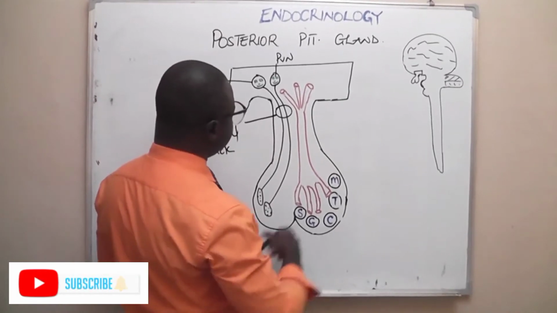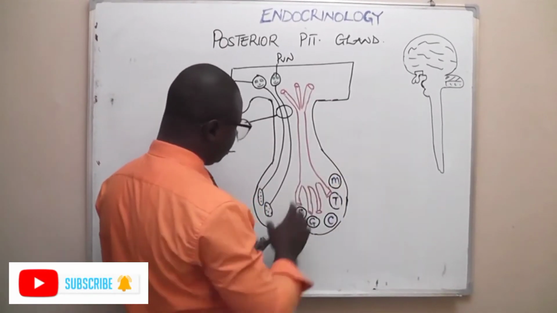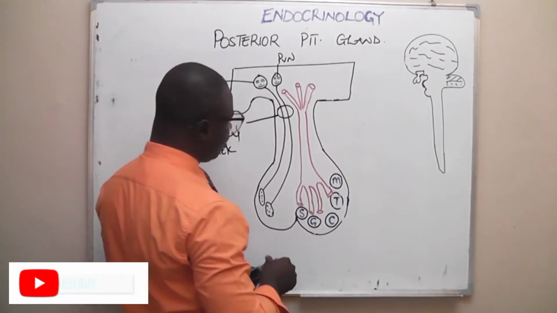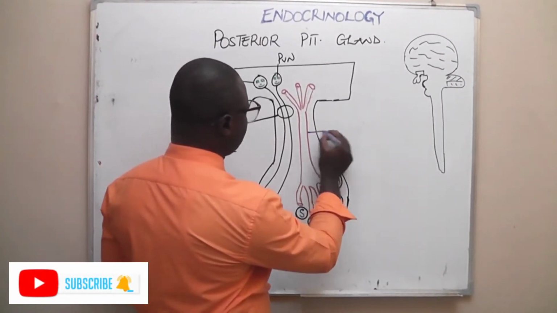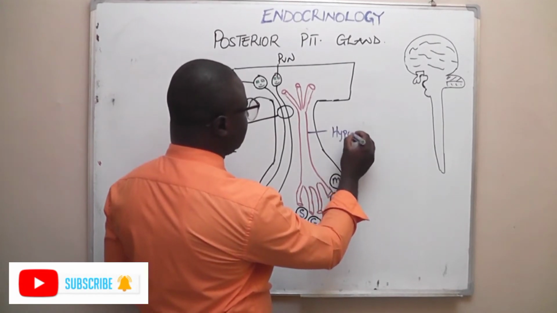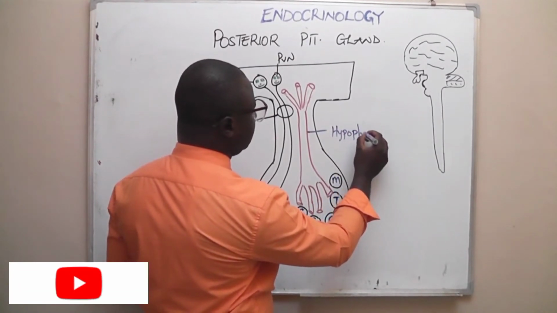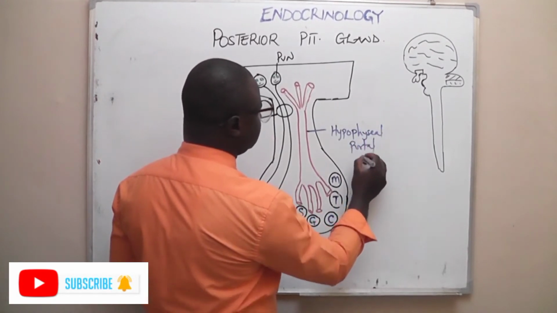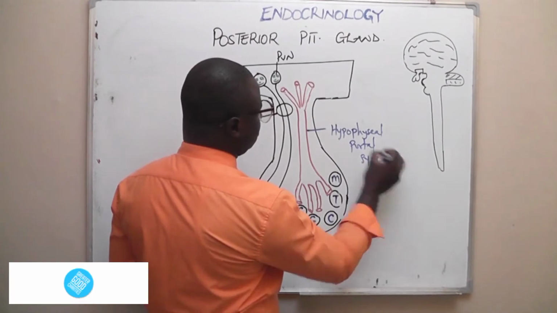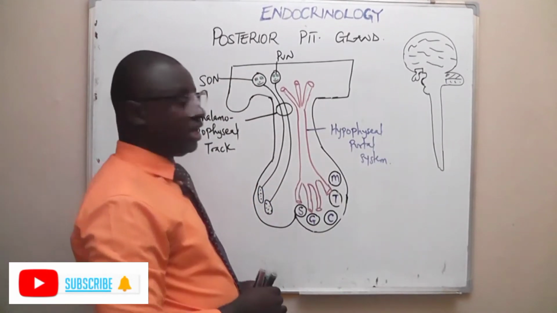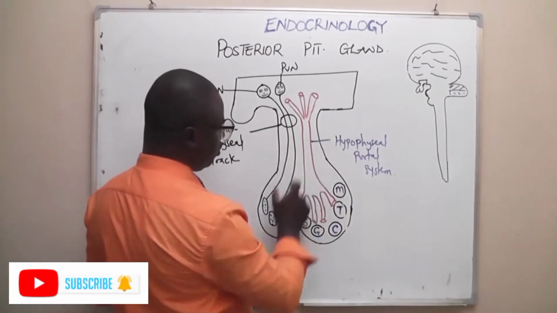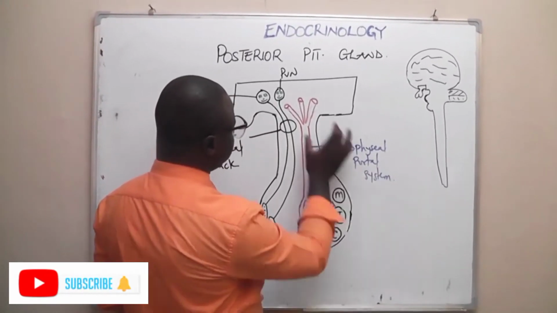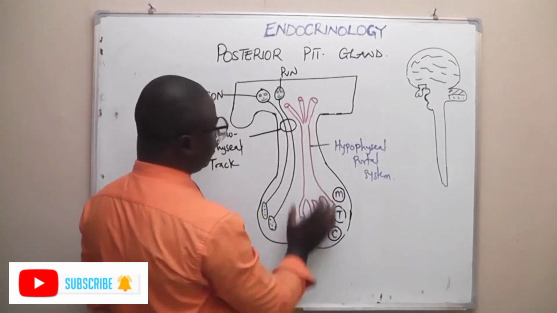Because it is located within the hypophysis, we can call it the hypophyseal portal system. It is located within the pituitary gland, and is a portal system because it has two capillary networks or two capillary beds.